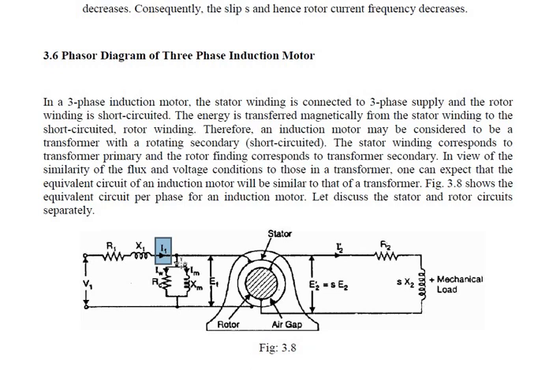So I1 is made up of I0 plus I2 double dash.